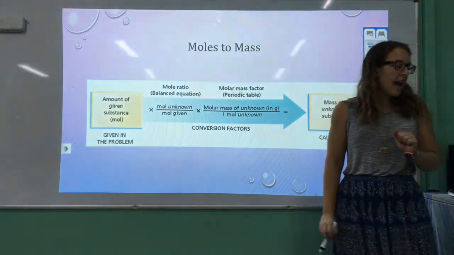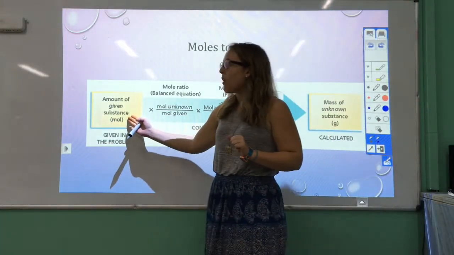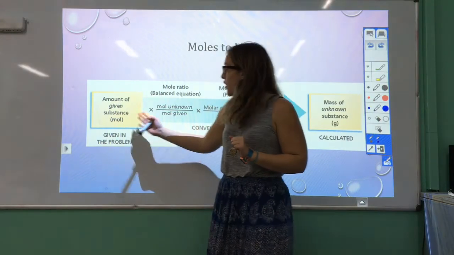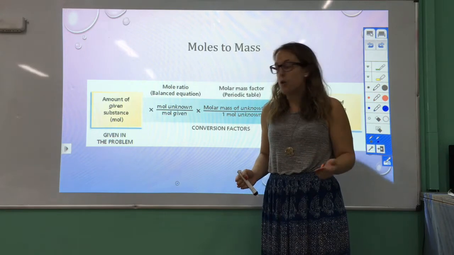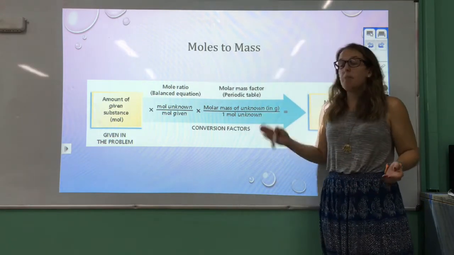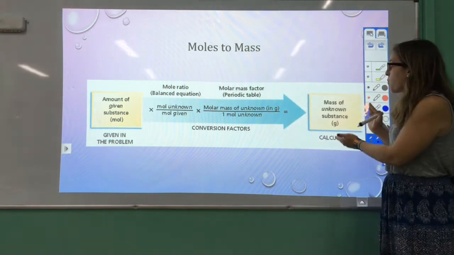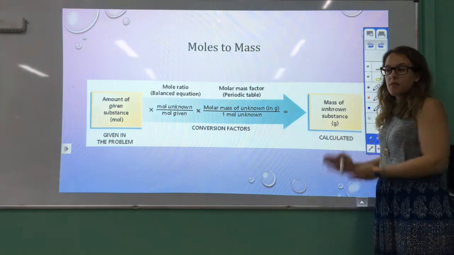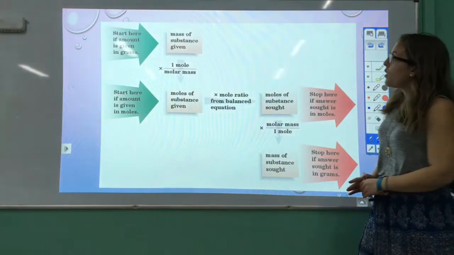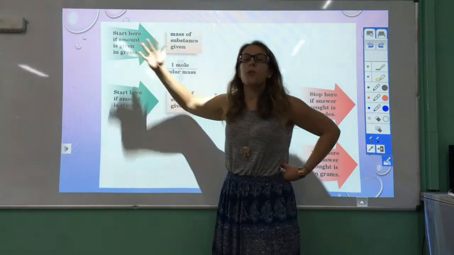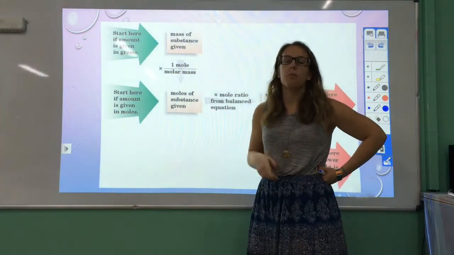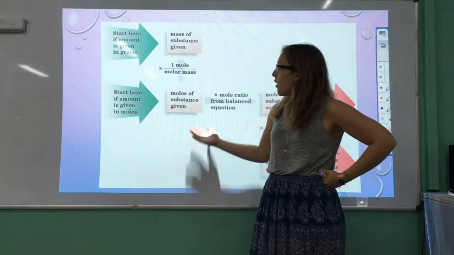moles to mass. If we are given an amount of substance in moles, we can use the mole-to-mole ratio of the given to the unknown and multiply it by the molar mass if we want grams. If you are given the amount in grams, you would have to first use the molar mass before using the mole-to-mole ratio.